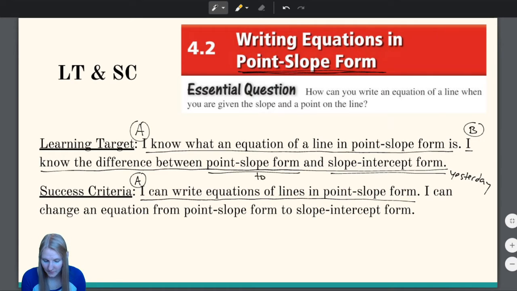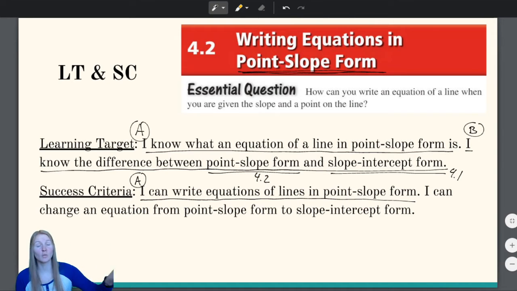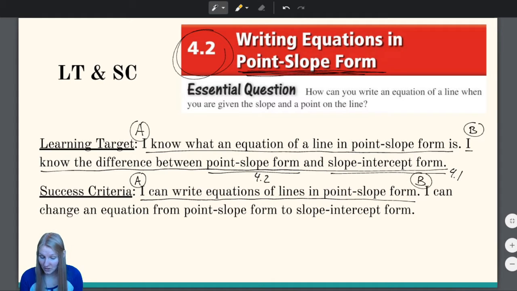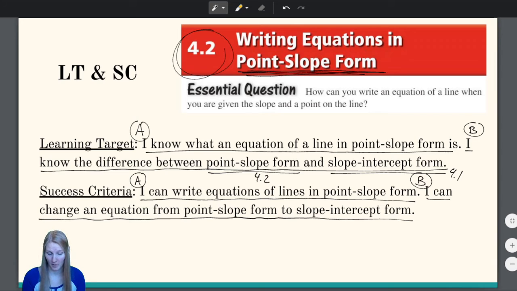Point slope form is today. And maybe instead of yesterday and today, we'll write 4.1 and 4.2. So in 4.1, we learned all about slope-intercept form. In 4.2, we're going to talk about point-slope form. So part B of the success criteria is I can change an equation from point-slope form to slope-intercept form.